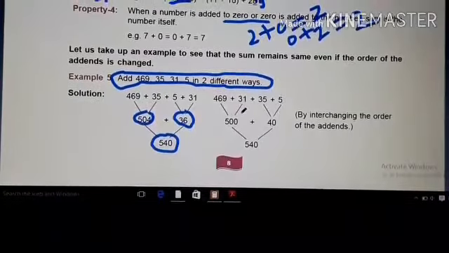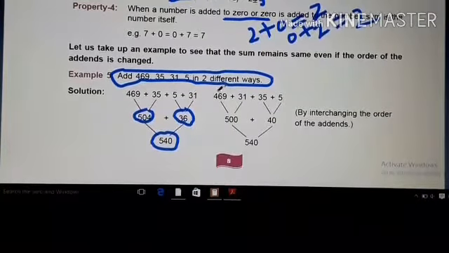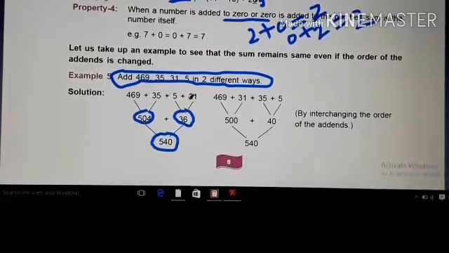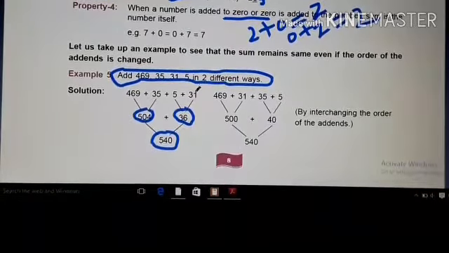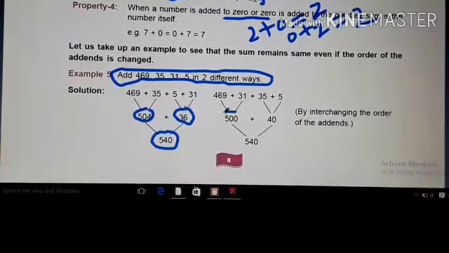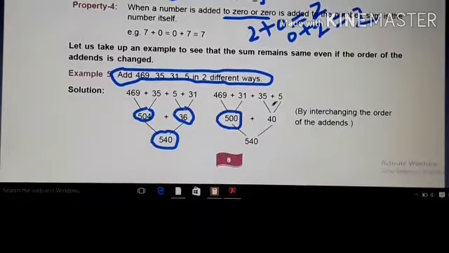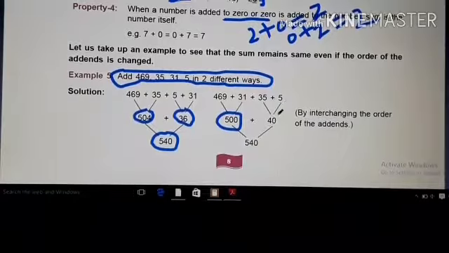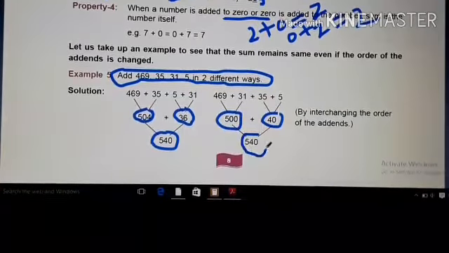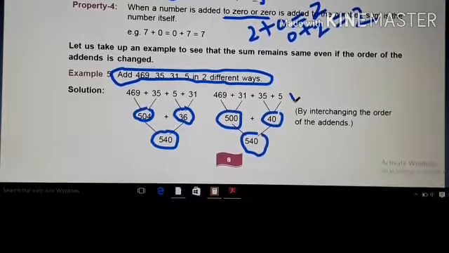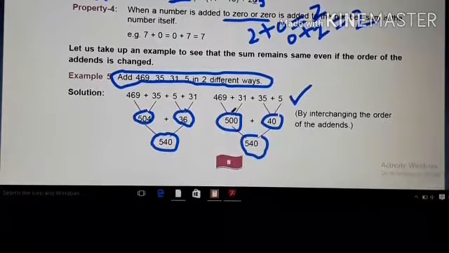Now rearrange the numbers: 469 added with 31 gives you 500, and 35 plus 5 gives you 40. Now we add up, this gives you 540.